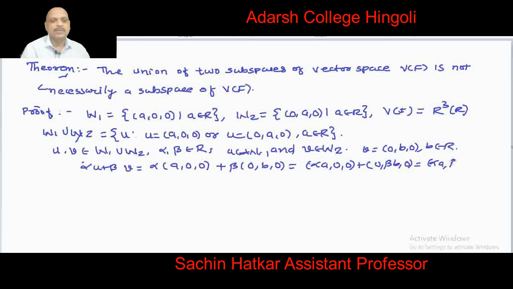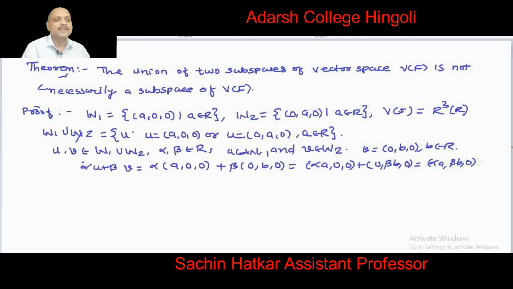Now look at alpha u plus beta v. It is an ordered triplet, but the first element and second element are non-zero. In the case of subspace W1, the second and third should be 0. In the case of W2, the first and third should be 0. But alpha u plus beta v is of the type (alpha a, beta b, 0).